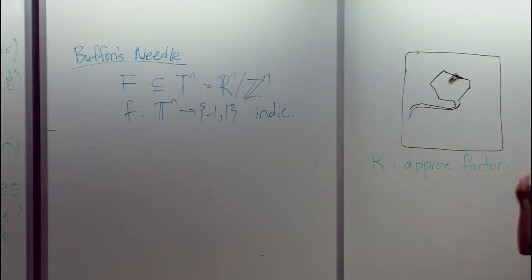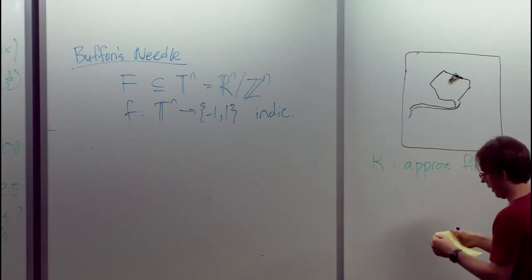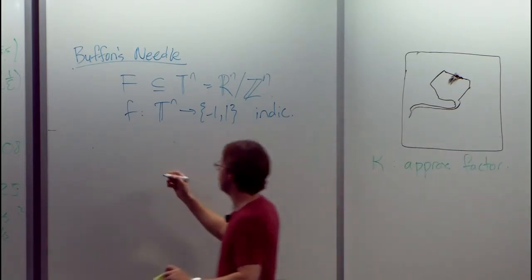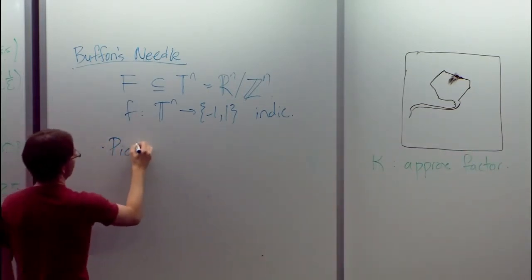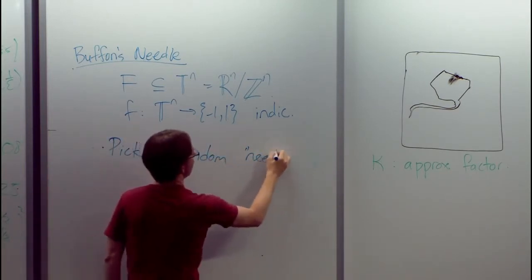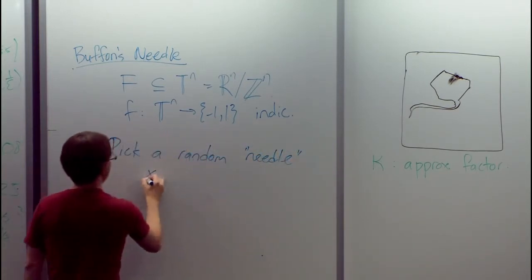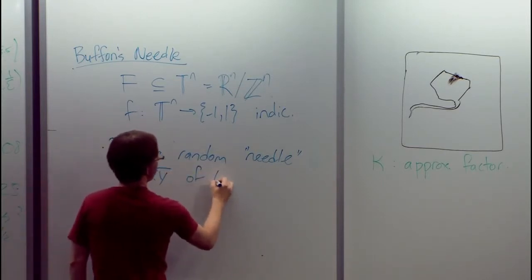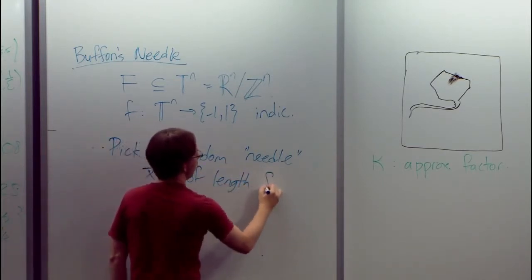So, Buffon's needle, you drop the needle, it helps you estimate the surface area, right? Basically, at a high level, the way Buffon's needle works is you pick a random needle. It just means a line segment, let's say x, y of length delta. Think of it as small.